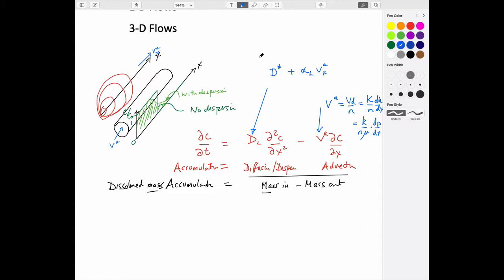You might remember that we said last time that D star we can think of as being equal to some tortuosity coefficient multiplied by the coefficient of free molecular diffusion, the thing you get out of a reference book for how quickly salt diffuses in water, for instance.